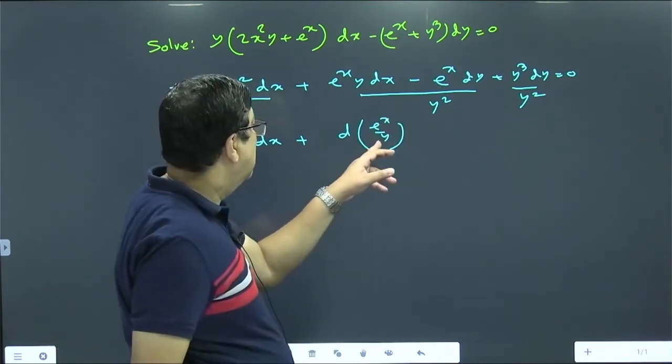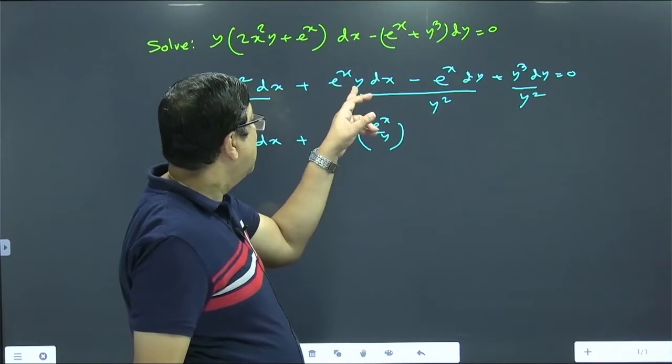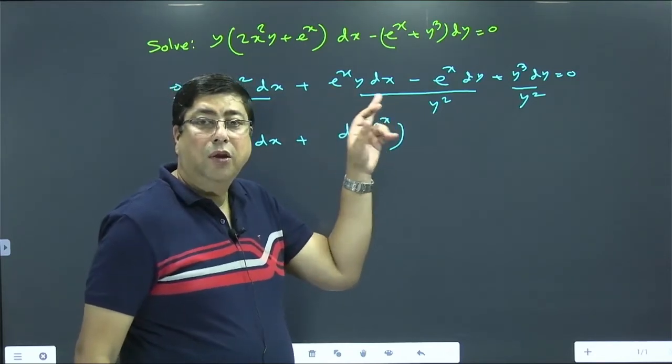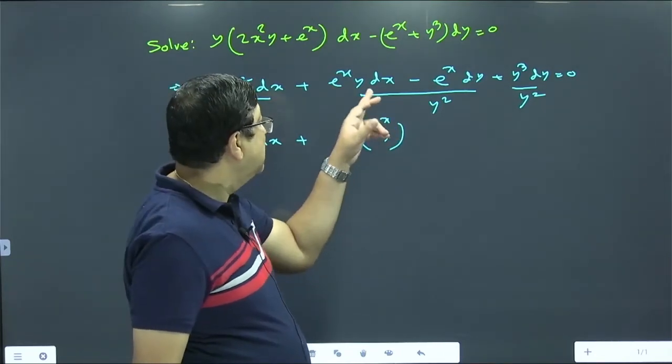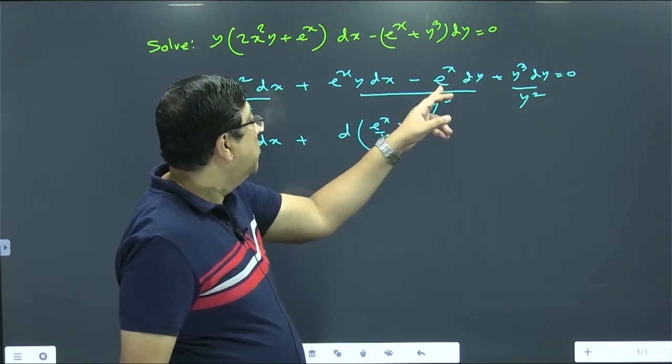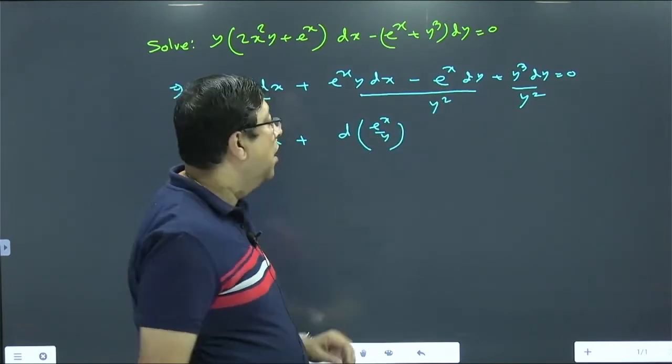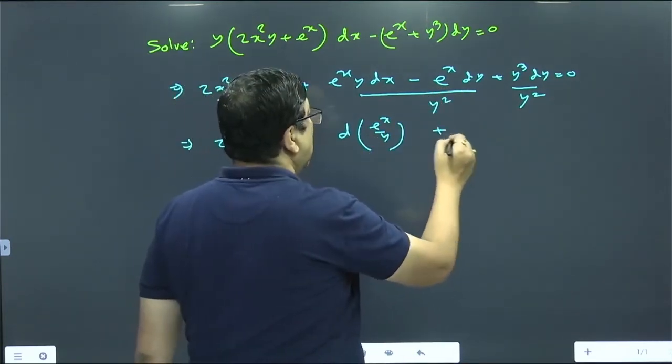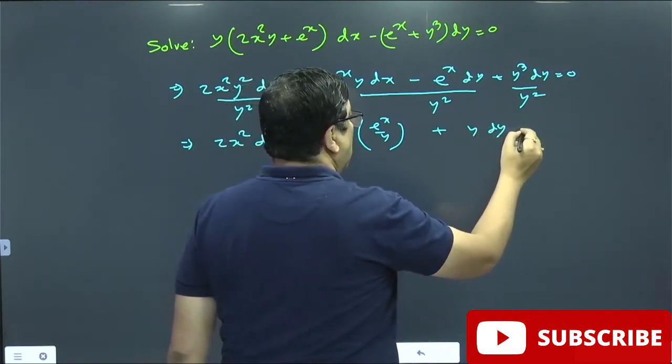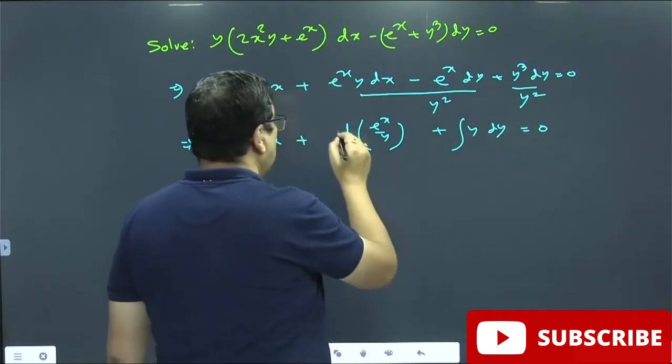This is the u by v form: v constant, derivative of e to the power x, and e to the power x constant, differential of y. And in this case we are getting y dy. So it becomes easier to integrate here.